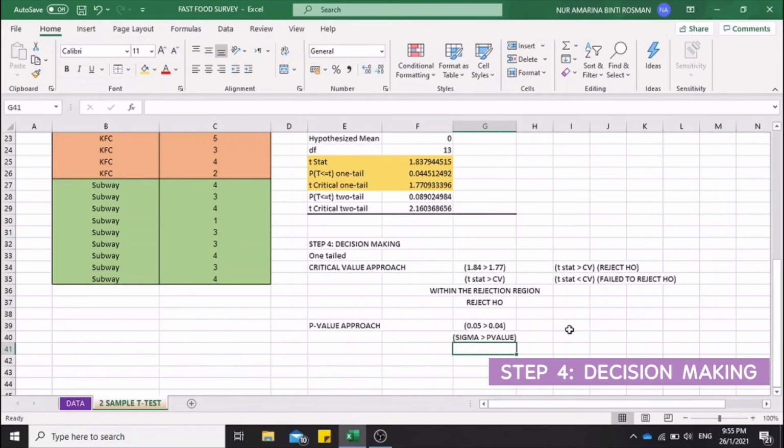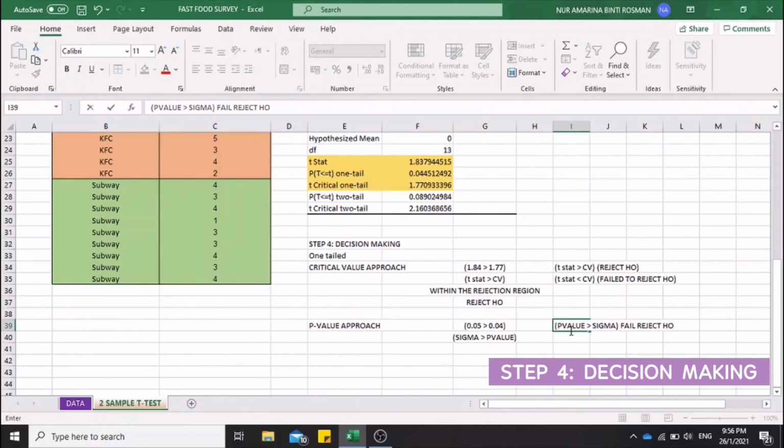And if you want to know whether it is fail to reject H0 or reject H0, you have to do it like this. If the p-value is bigger than sigma, then fail to reject H0.